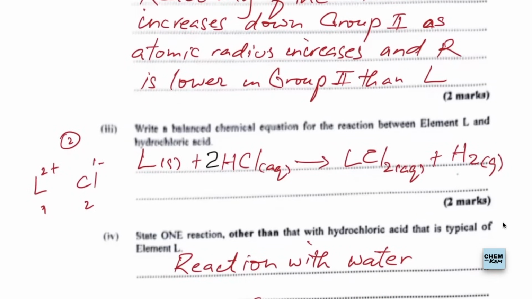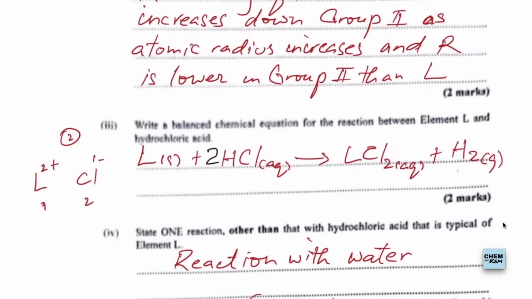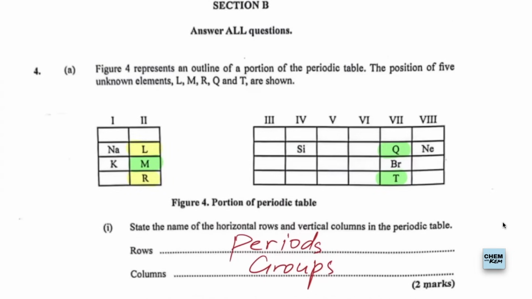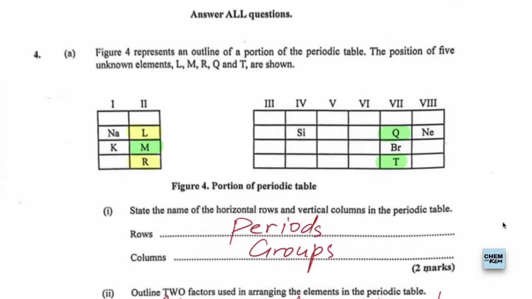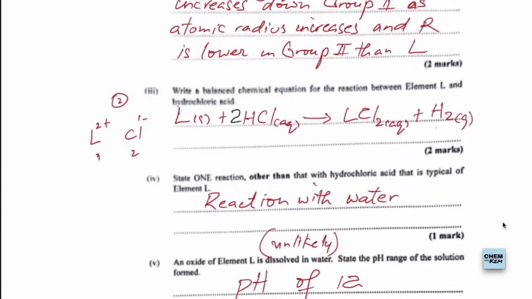State 1 reaction other than with hydrochloric acid that is typical of element L. Now element L, and let's look back at where element L is. Element L, based on its position, would be in the place of where we would put magnesium, but they did not ask us to decode anything. So we could say reaction with air.